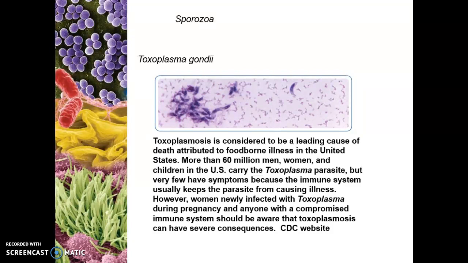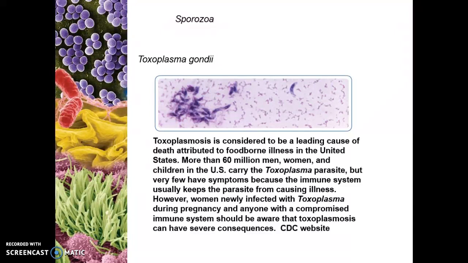All right, so then looking a little more carefully at Toxoplasma gondii, and this is just some information from the CDC website. It says, toxoplasmosis is considered to be a leading cause of death attributed to foodborne illnesses in the United States. More than 60 million men and women and children in the U.S. carry the Toxoplasma parasite, but very few have symptoms because the immune system usually keeps the parasite from causing illness.